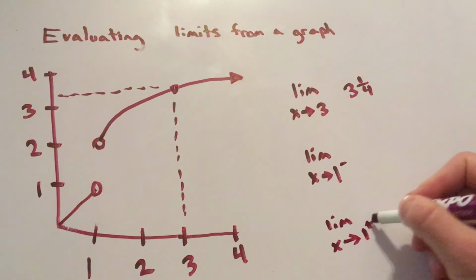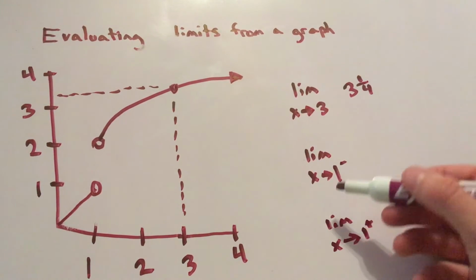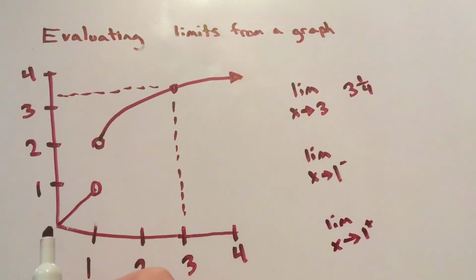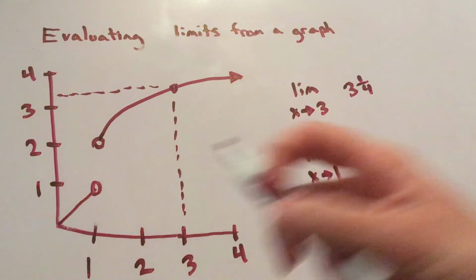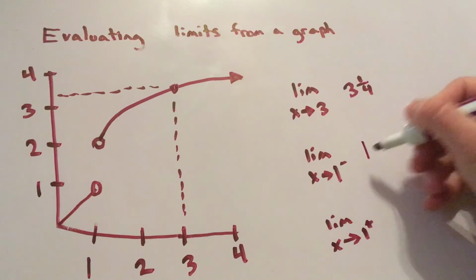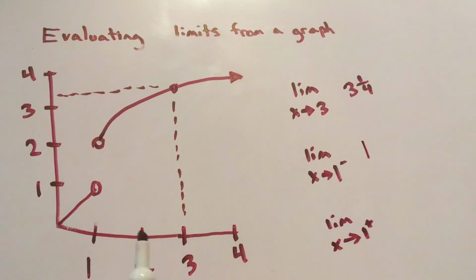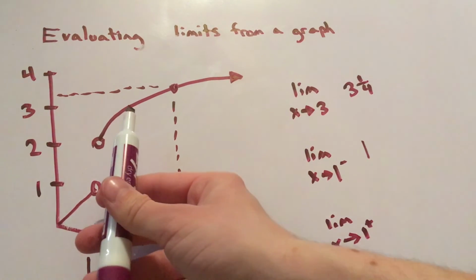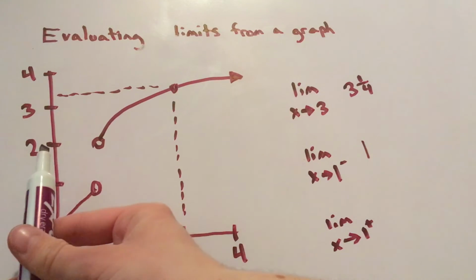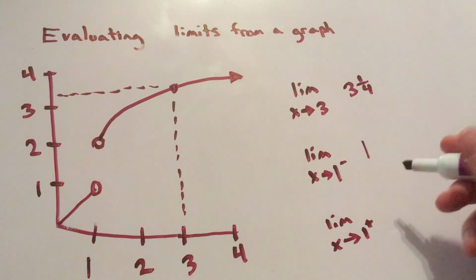So as x approaches 1 from the left, it's approaching 1. As x approaches 1 from the right side, and going down the graph, we're approaching 2.